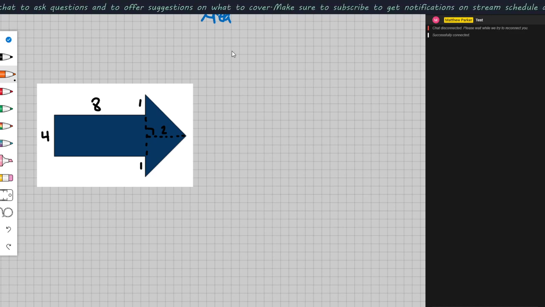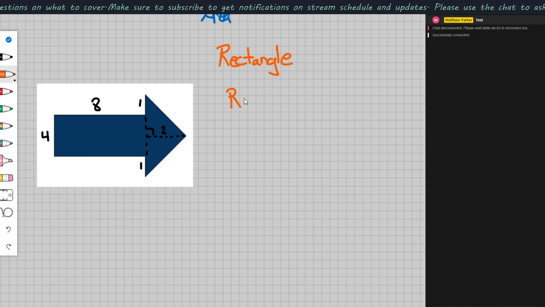So two shapes that we have: a rectangle, and the area of a rectangle is length times width. So in this case, it's going to be 8 times 4. Oh, you know what? The other thing you could do is make this an entire rectangle again, and then subtract out the triangles as well.